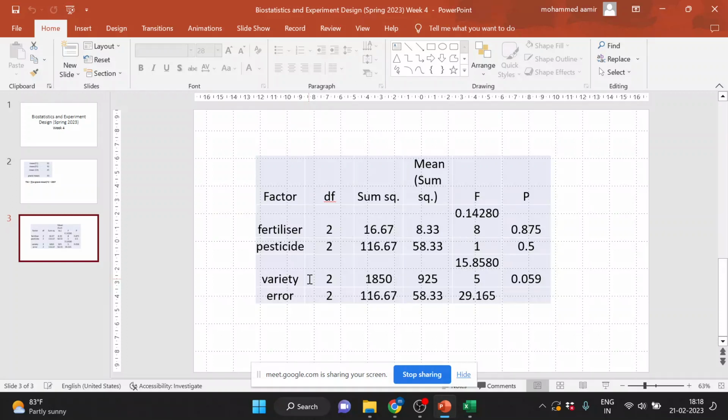From that, you just subtract the degrees of freedom for fertilizer, pesticide, and variety. You'll get the degrees of freedom for error. So it's 8 minus 6, right? 2 plus 2 plus 2 is 6. So you get 2. Did everyone get this?